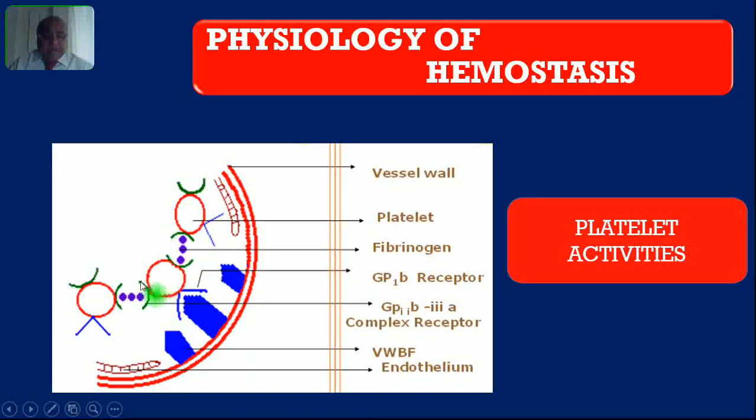Then aggregation of the other platelets takes place because of fibrinogen and thromboxane A2. This is taking place at the GP2B complex receptor.